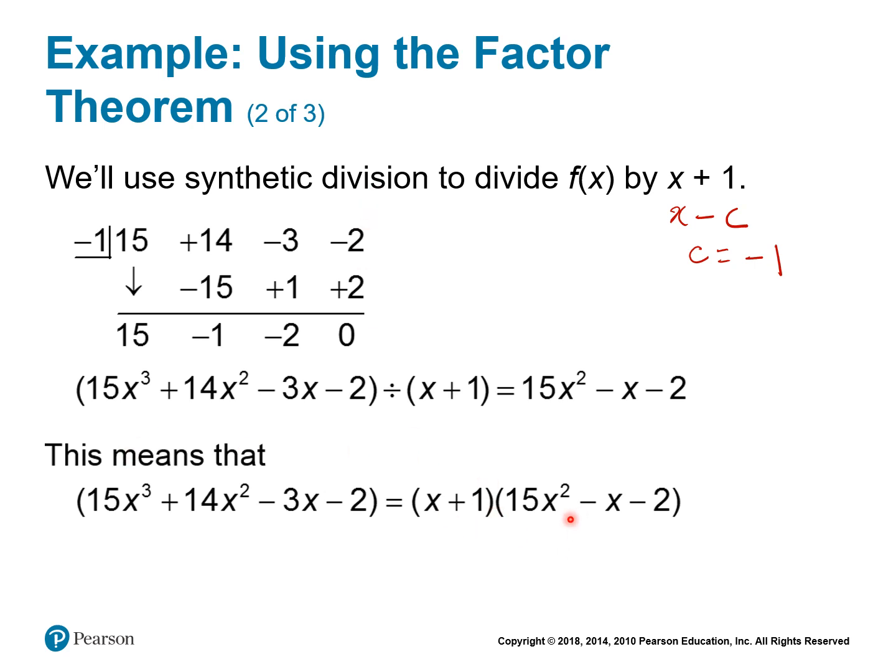So when we rewrite the quotient, it should be 15x squared, 1 less than x cubed, minus 1x minus 2. And the other factor is the one that was given to us from the factor theorem, that's x plus 1.